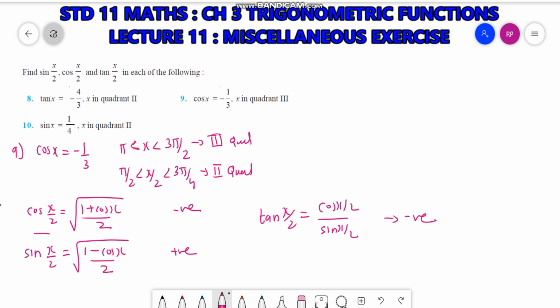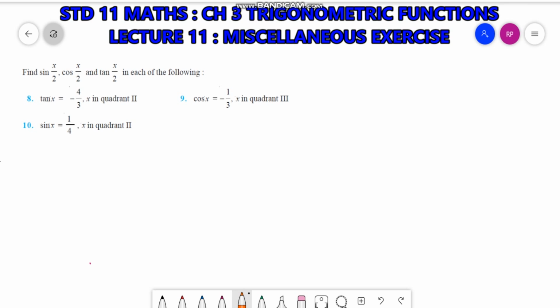Now let's move to the last of this chapter as well as exercise, that is question number 10. Sin x equal to 1 by 4 and x is in second quadrant. That means pi by 2 less than x less than pi.